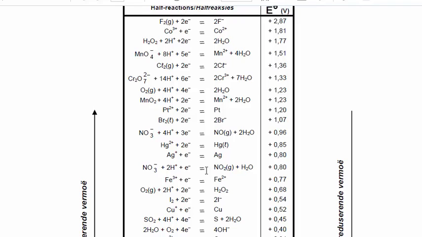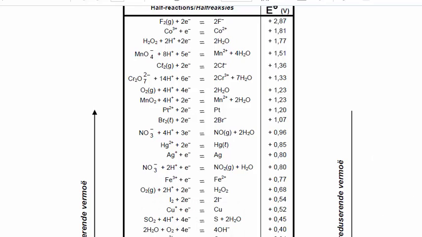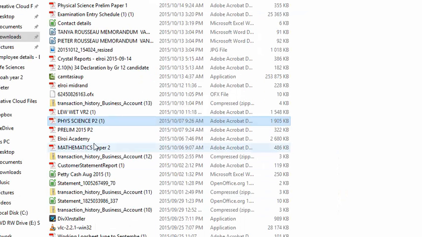So the voltmeter reading will decrease because silver's standard potential is closer to chlorine's than copper was. Okay. Now let's get to another example of this because it's really fun.